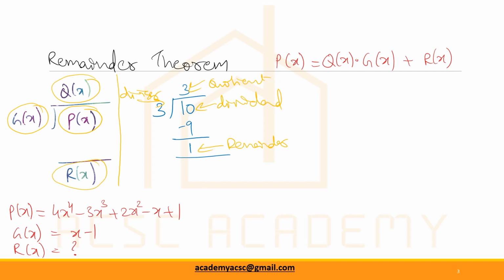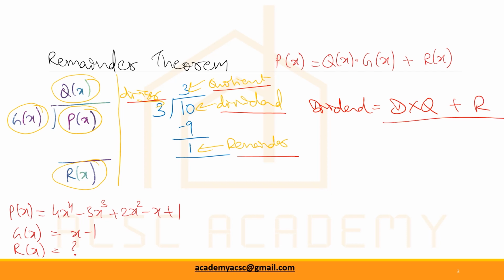We are again aware of the terminology: we can write dividend equal to the product of divisor and quotient, and to that we add the remainder. This is what we have already learned, and when we apply the same thing to polynomials, that becomes p of x, which is the polynomial we have as a dividend.